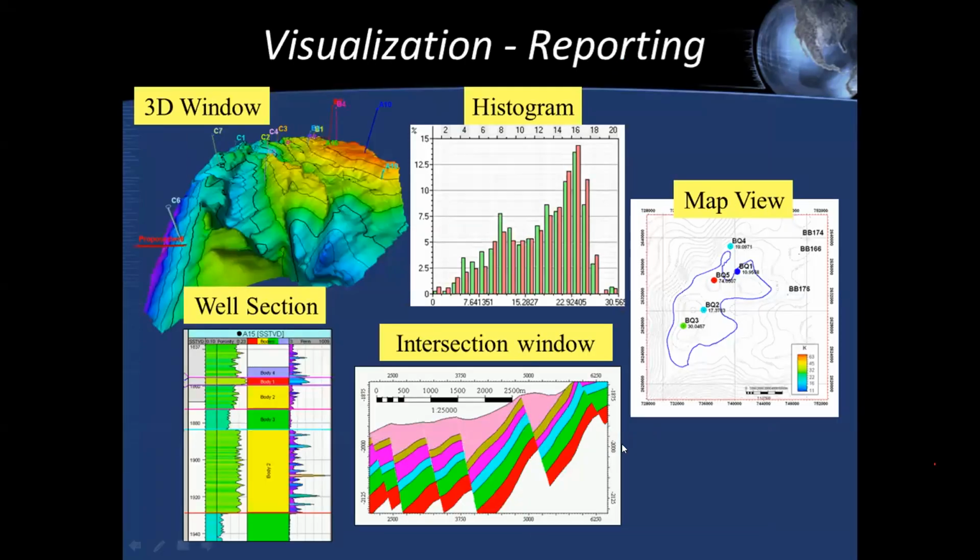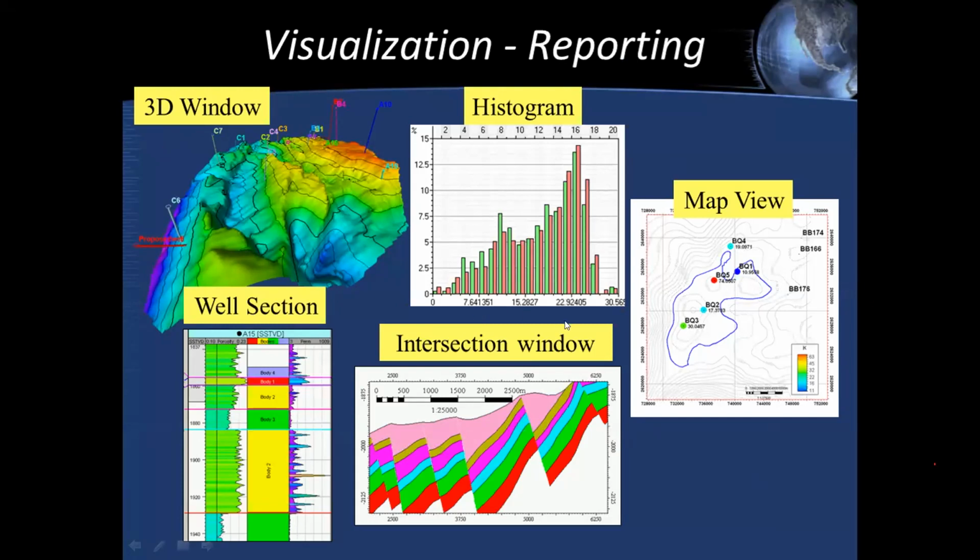So we said you have to know, when you bring your data to your software, how you are going to analyze it, what kind of tools you are going to use to analyze your data. So here is a histogram, okay? Here is a 3D window, a well section showing the well logs.